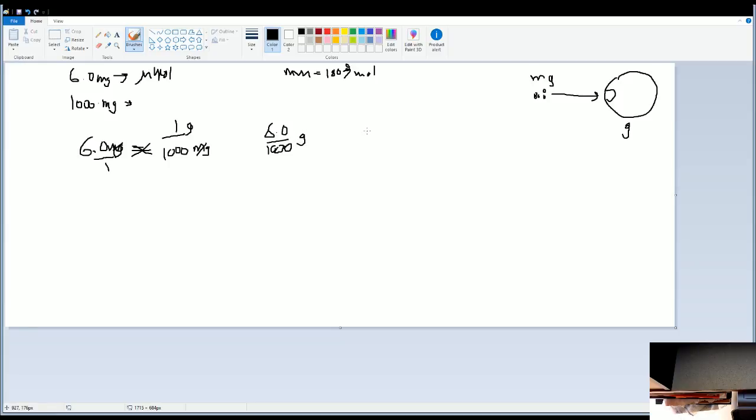Then to go from grams to moles, you have, this is the weight of it, the molar mass. So let's write this in scientific notation. A thousandth is a 10 to the negative 3.